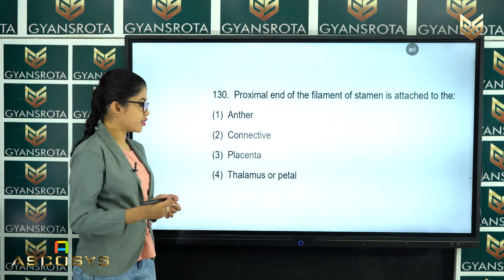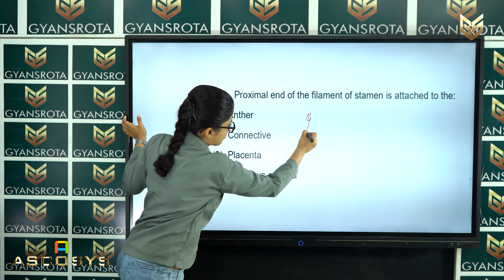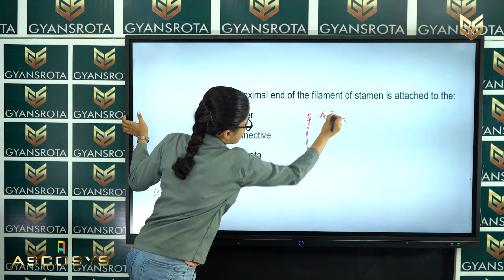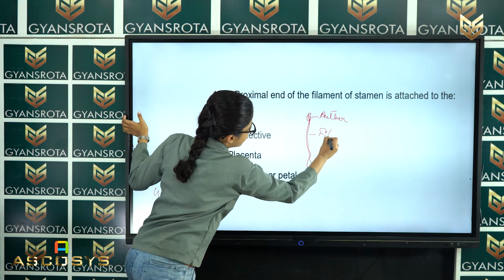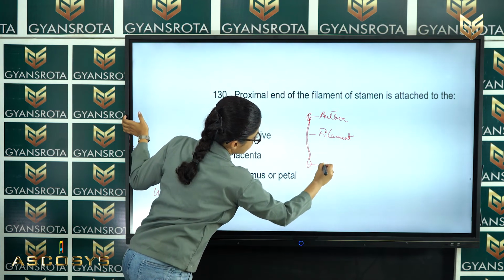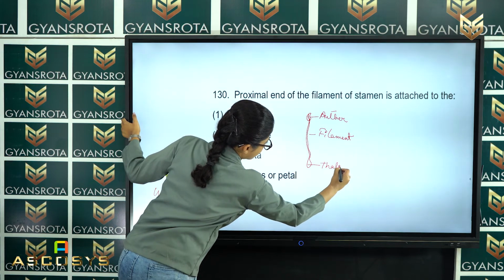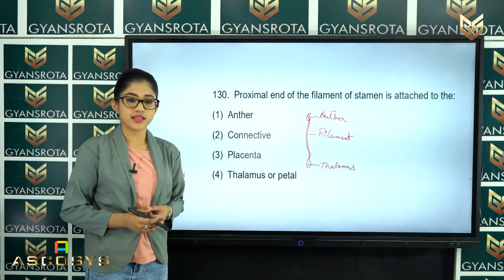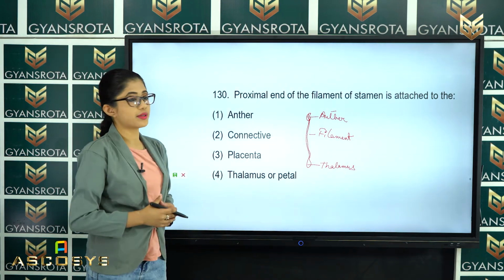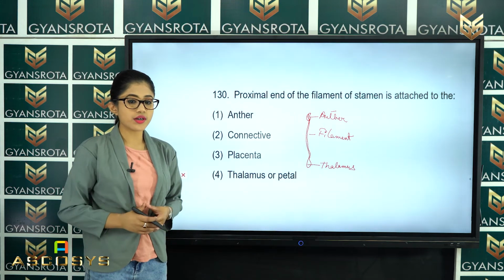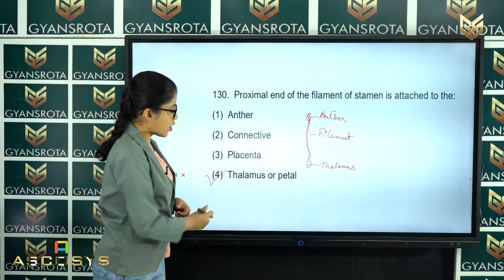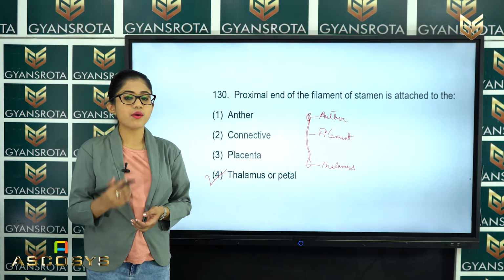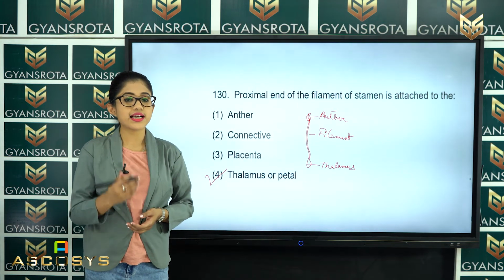So, the stamen structure, if you remember, this is the anther, this is the filament and this is the thalamus. Right. So, thalamus is the correct answer. The proximal end of the filament of stamen is attached to the thalamus. This is the most easy and direct question from the NCERT textbook, right. Now, let us see the next question.